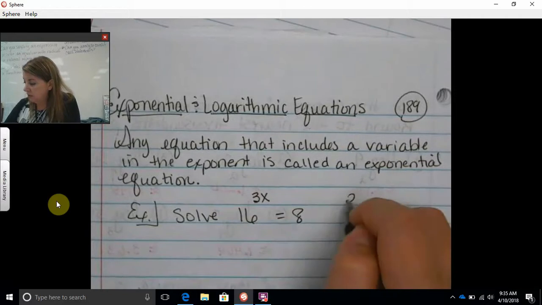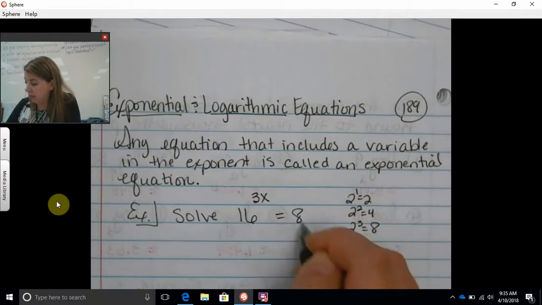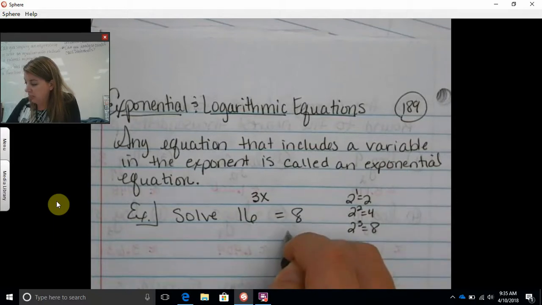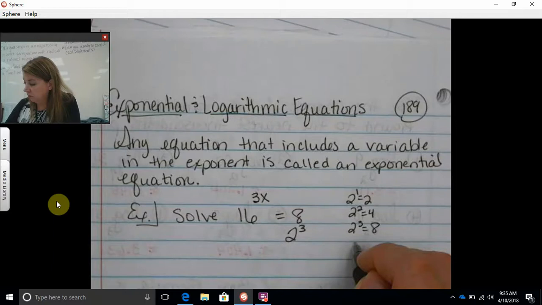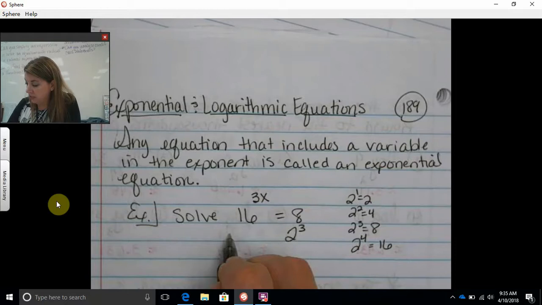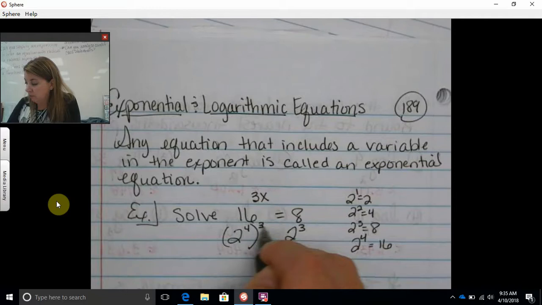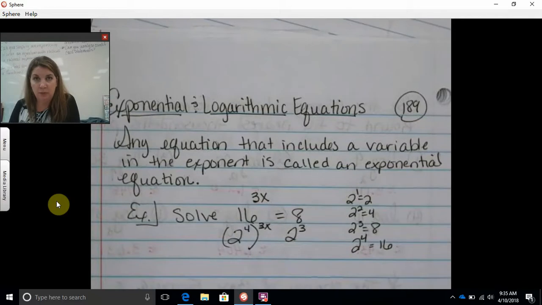We know 2 to the first is 2, 2 squared is 4, 2 cubed is 8, so we can write 8 as 2 cubed. 2 to the fourth is 16, so for 16 we'll write it as 2 to the fourth. But 16 already had an exponent, so you can't forget about the exponent.